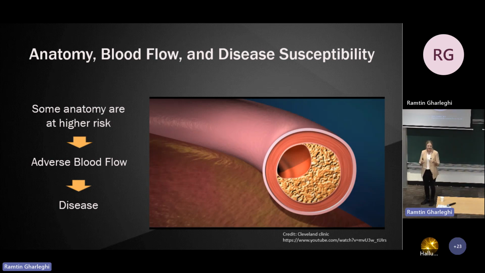So from a scientific standpoint, we're not just interested in the anatomical variation in order to improve and understand segmentation and do certain processes better, but also to predict blood flow and inform disease susceptibility assessment from that angle. So we care about anatomy and blood flow in a large population in order to understand who is more susceptible and why.